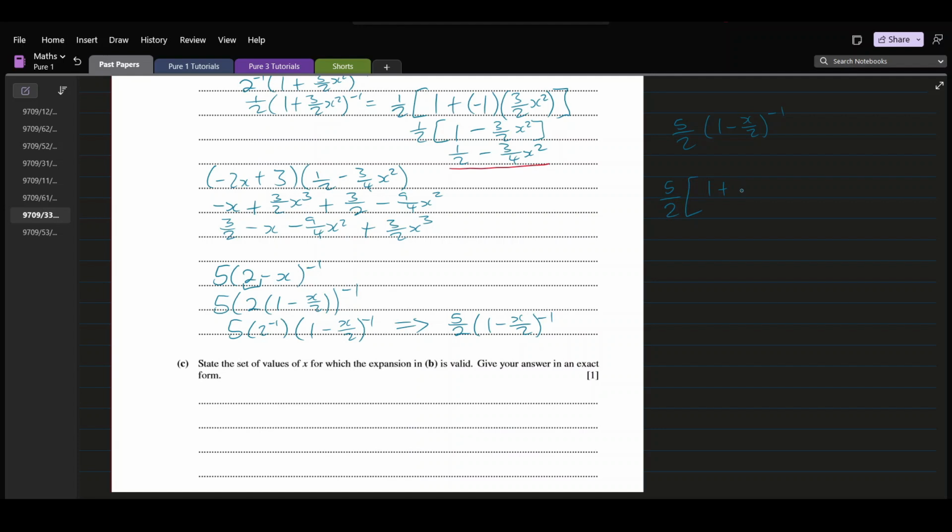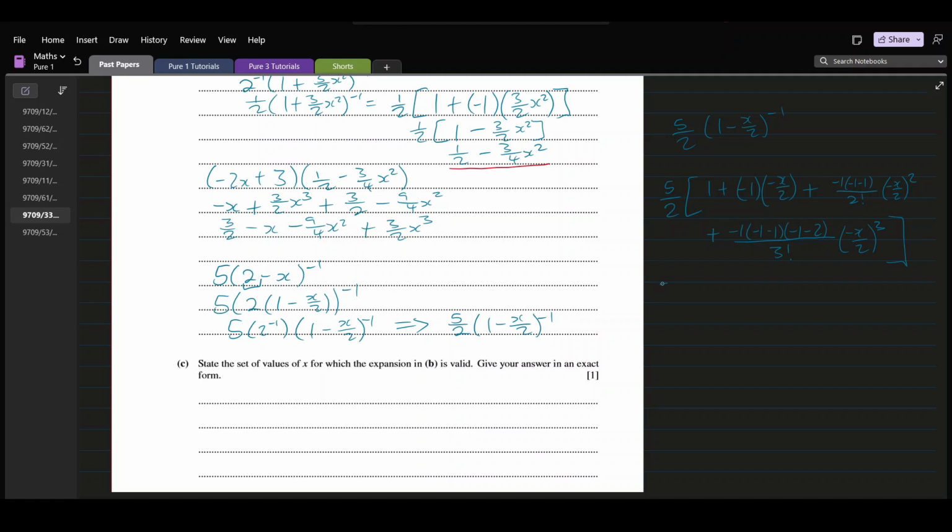So that's 1 plus n x, which is negative x over 2, plus n times n minus 1 over 2 factorial times x squared, plus n times n minus 1 times n minus 2 over 3 factorial times x cubed. Then we close our bracket.